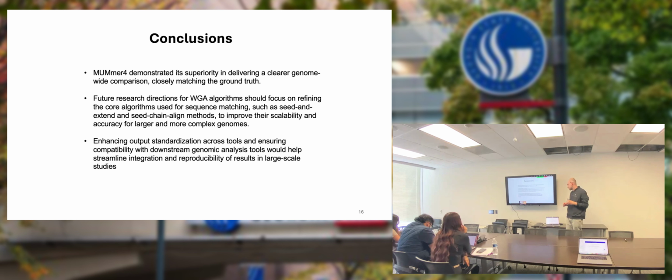And another direction they can take is to make some standardization for the input and output, because every tool has its separate input and output format, and that makes it challenging to analyze them. That's an excellent point.